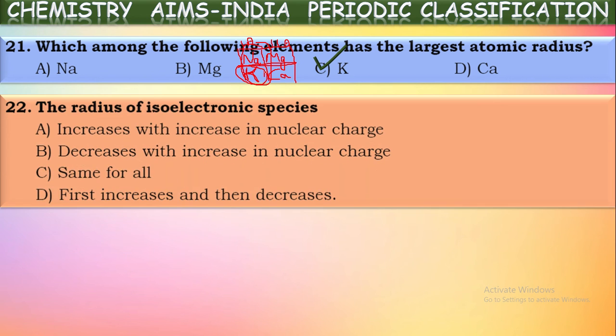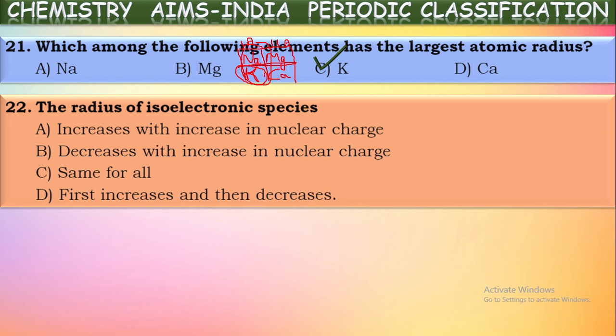Next, the radius of isoelectronic species. Isoelectronic species means species with the same number of electrons. They might be atoms or ions or molecules or whatever they are. If they have the same number of electrons, then they are called isoelectronic species.